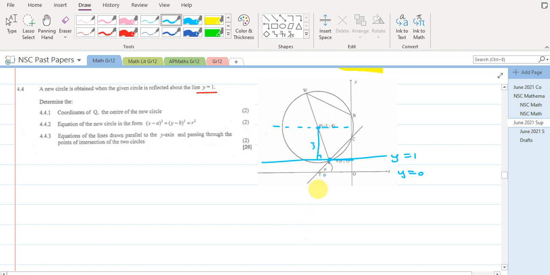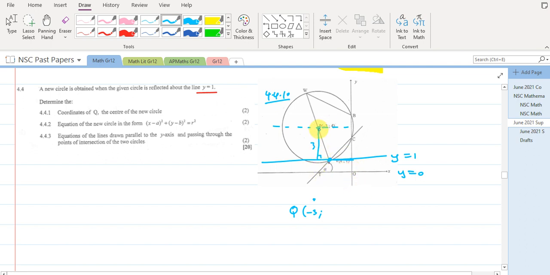Remember, if I reflect this point on this line, then obviously the center will be somewhere around here, down, where the x value remains the same, so minus 3. So the coordinates of Q is definitely minus 3, so 4.4.1, that's what we're doing here, right? So Q is minus 3. The problem is with the y, right?